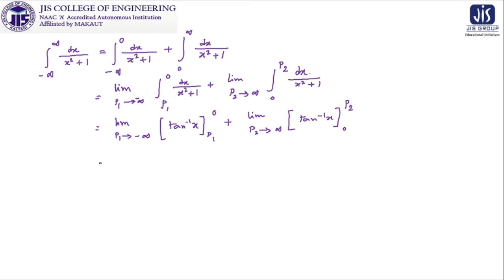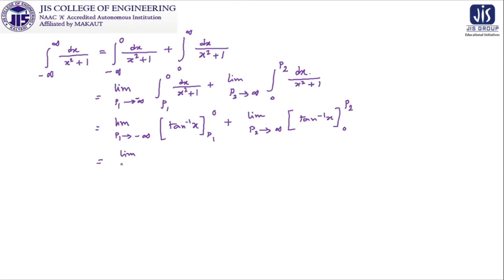So now the problem of integration is completely converted into a problem of limit. If the limit exists for both the cases, then the result will be available in finite form, otherwise not.